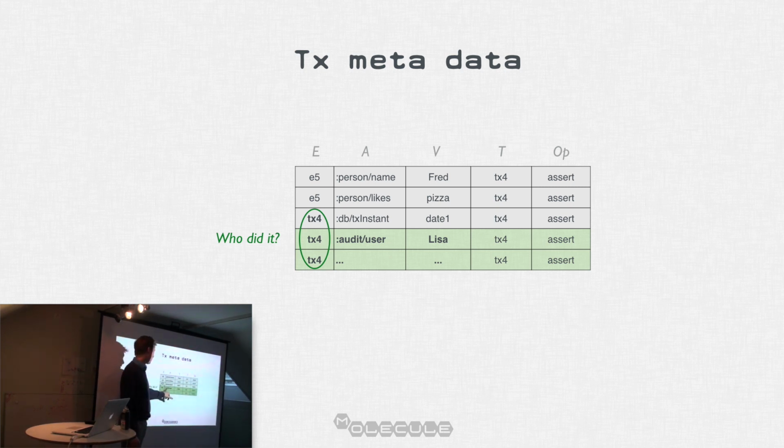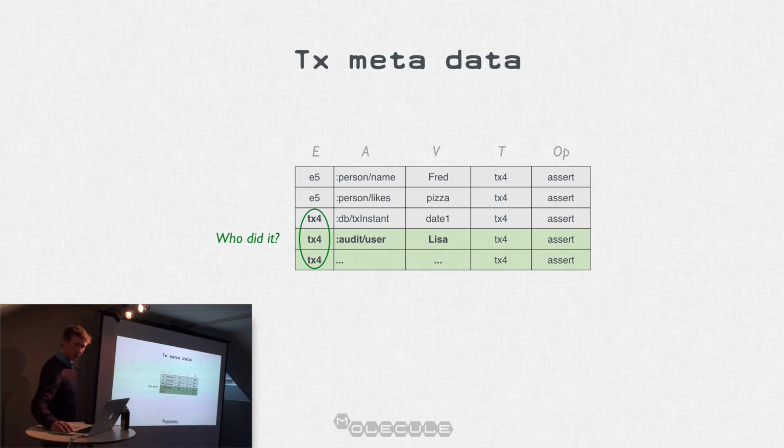So you can make a namespace called audit and user. And then you give it the value Lisa, or maybe the ID number of Lisa, and you associate it with that transaction. So this is a fact, just a plain normal fact, but the entity number is just the same number as the transaction number, right?